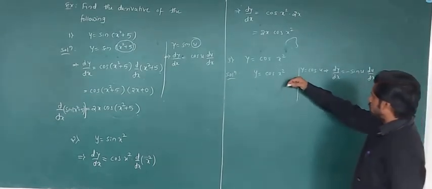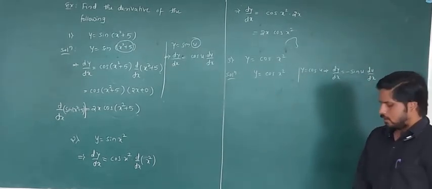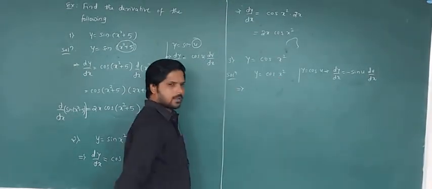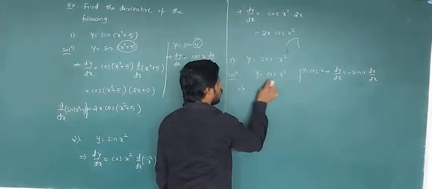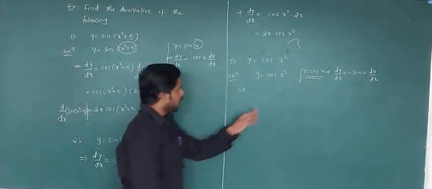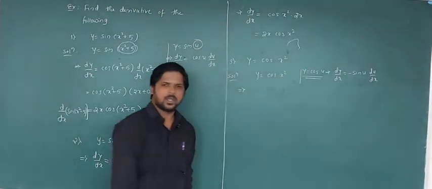So this implies in place of u we have x square. Comparing y equal to cos u, y equal to cos x square, in place of u we have x square.